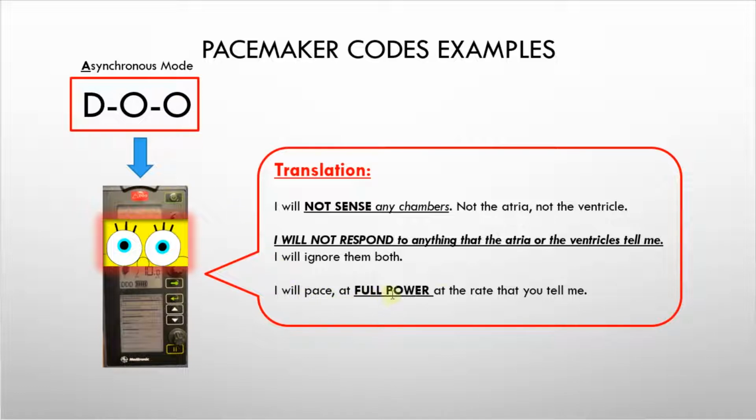I will pace at full power at the rate that you tell me, because we are pacing the first letter, right? We're doing atrial and ventricular pacing. That's why we call this mode asynchronous. It's the mode that only paces at full power and does not sense at all, okay?